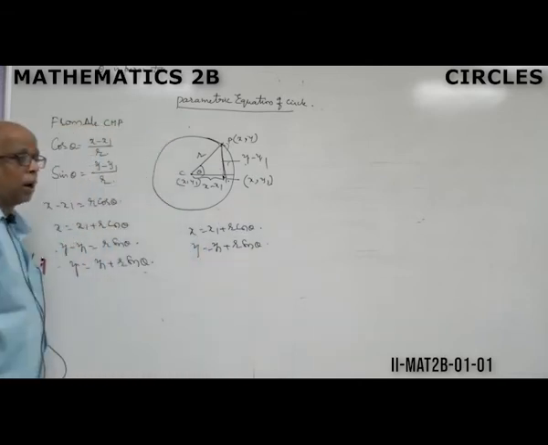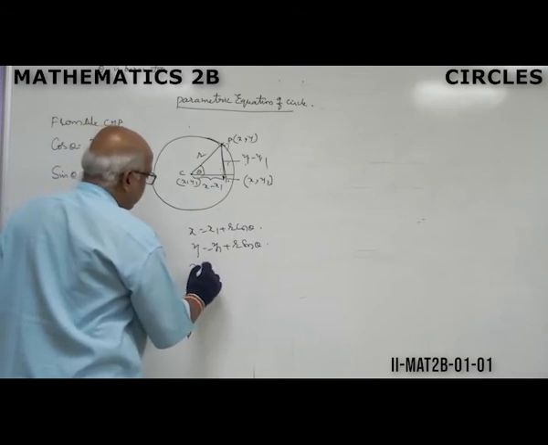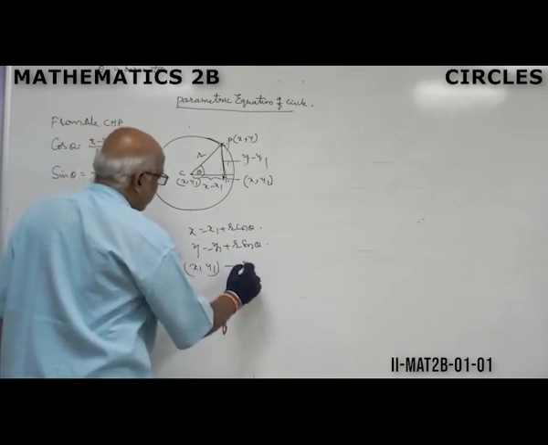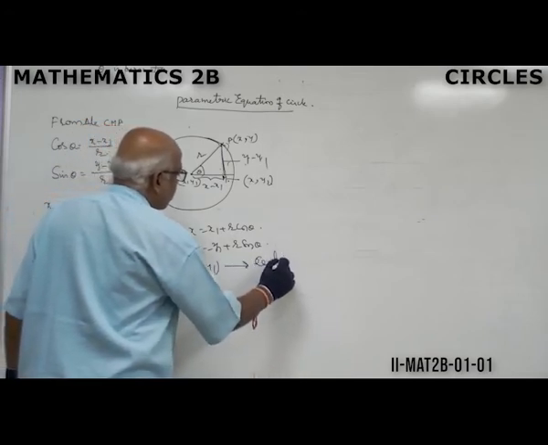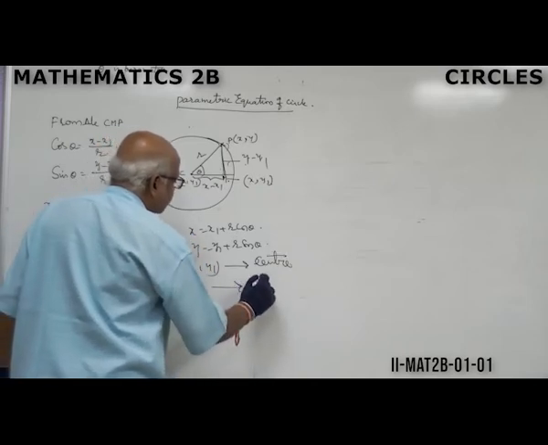These two are called parametric equations. In this, (x1, y1) represents the center and r represents the radius.